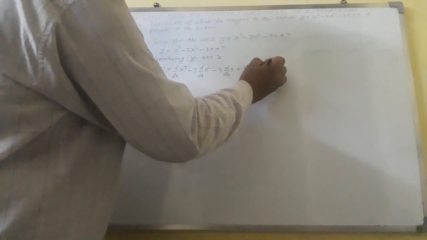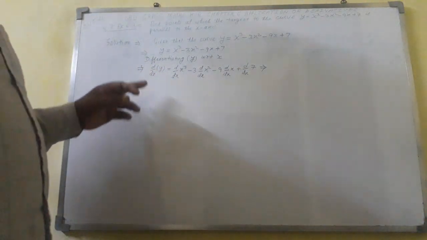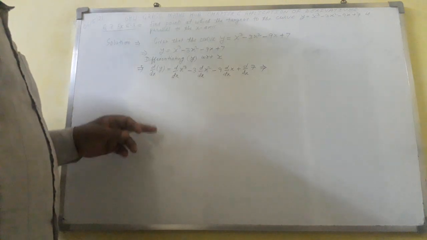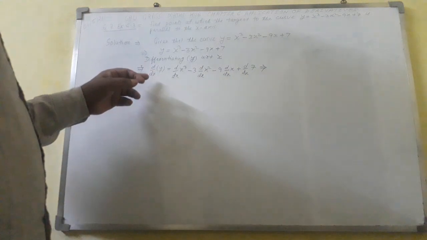Here in the numerator function y is available and in the denominator dx is available, so d will be conjugated with y, which comes out to be dy over dx.